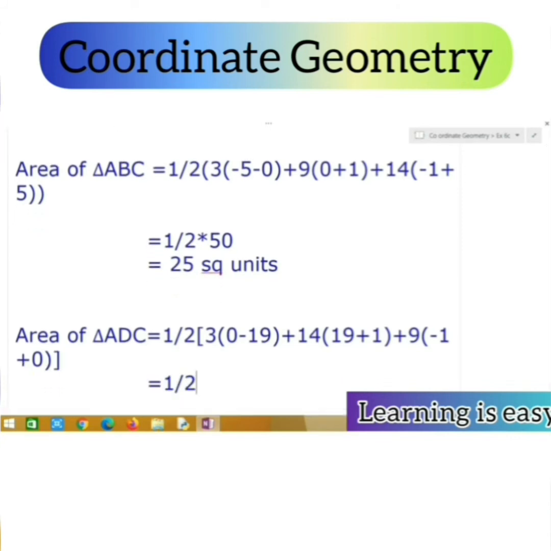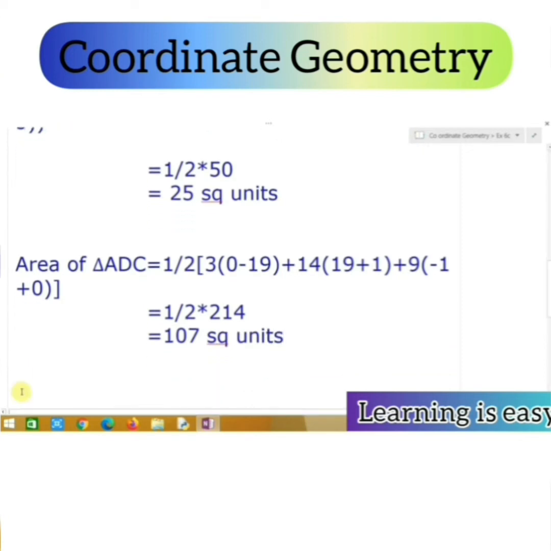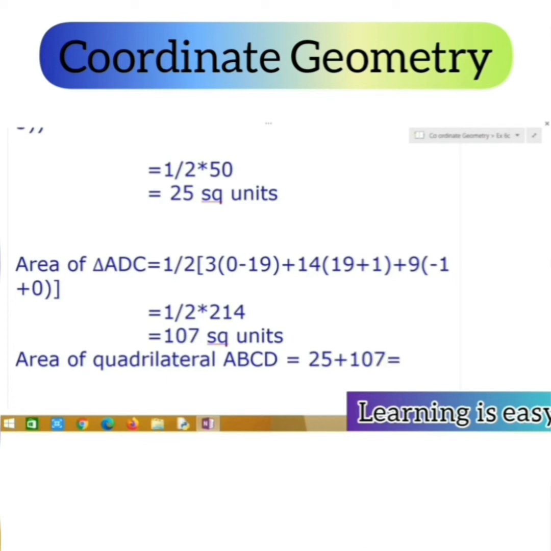Further simplifying, it becomes half into minus 57 plus 280 minus 9, that's 214, which is 107 square units. By adding up these two areas, we get the area of the quadrilateral ABCD. So that's 25 plus 107, which is equal to 132 square units.